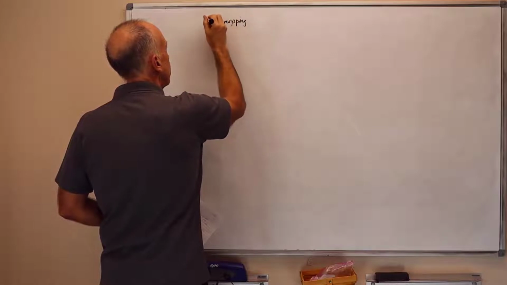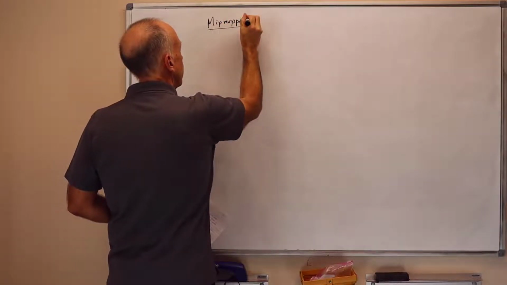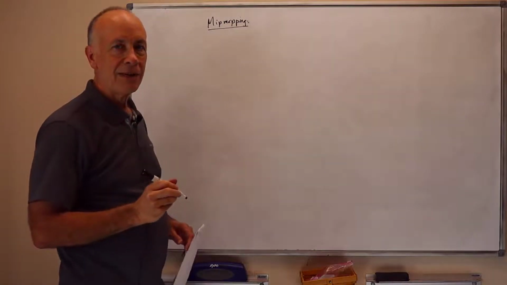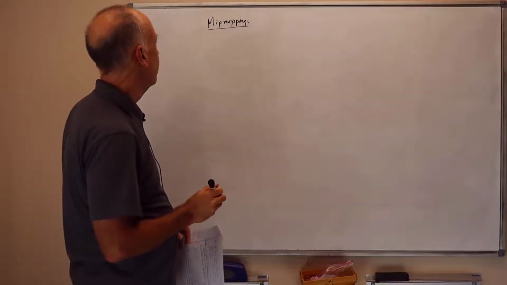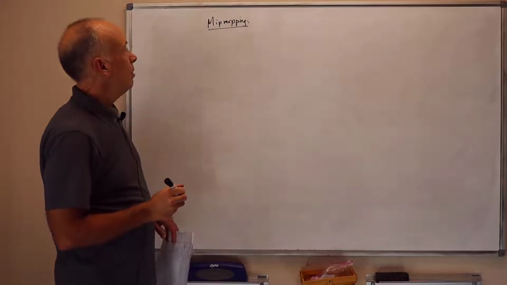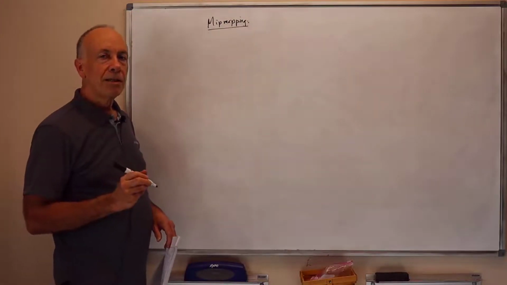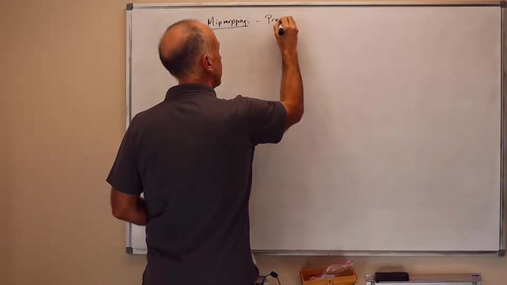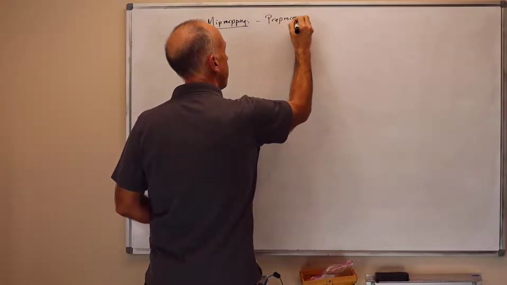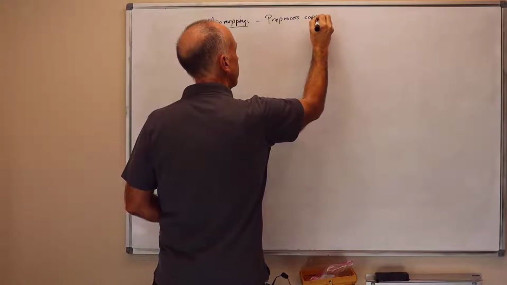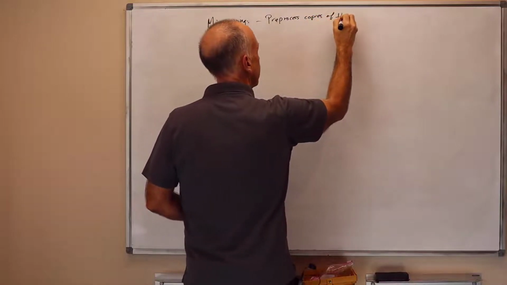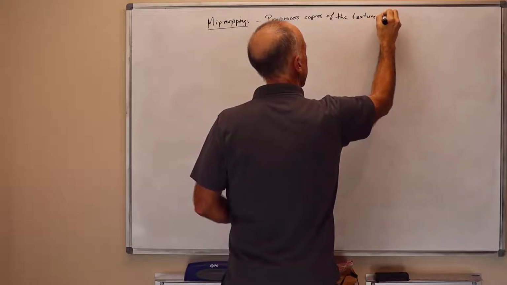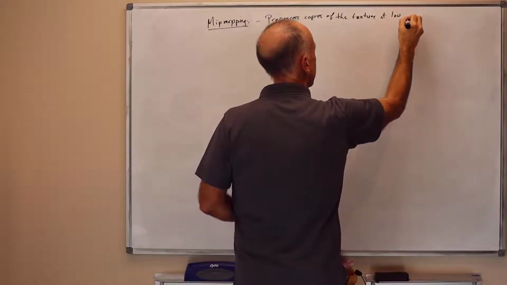So Mipmapping, the word Mipmapping, MIP, stands for a sort of fake Latin phrase, multum in parvo, or something like that, many parts. What it does is it pre-processes the texture map down to lower resolutions. So you pre-process copies of the texture map at lower resolutions.